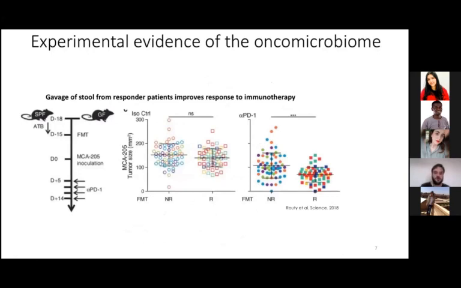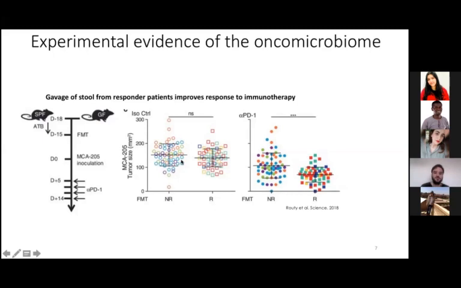Another compelling piece of evidence for the oncomicrobiome is in terms of the efficacy of immunotherapy response. Here, in this paper by Routy et al. in Science, they had their mouse models, to which they transferred via gavage the stool samples of patients that responded to immunotherapy and patients that didn't respond to immunotherapy. If you compare the tumor size of these mice, you didn't see any difference.